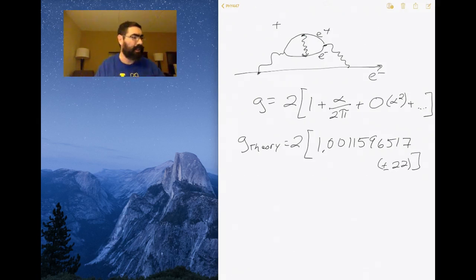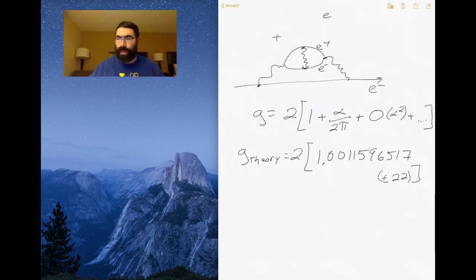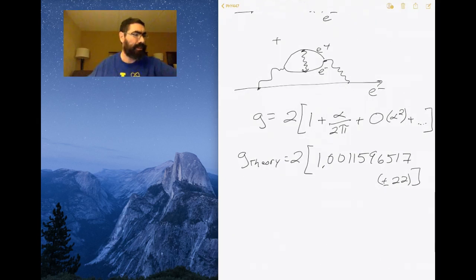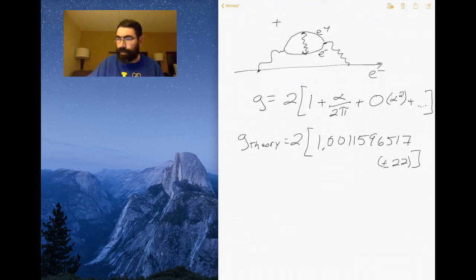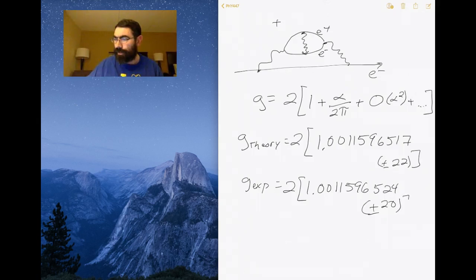So the theory now gives us a value which is this, and compared back to the experiment, the experimental value is 1.0011596524 plus or minus 20.